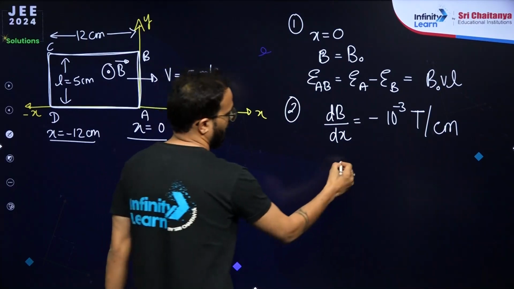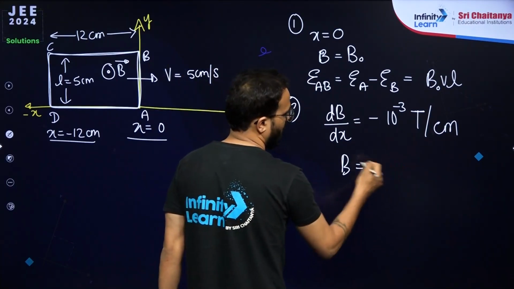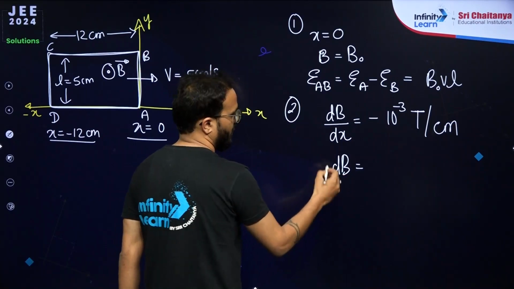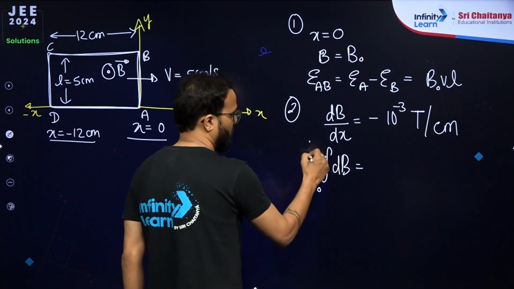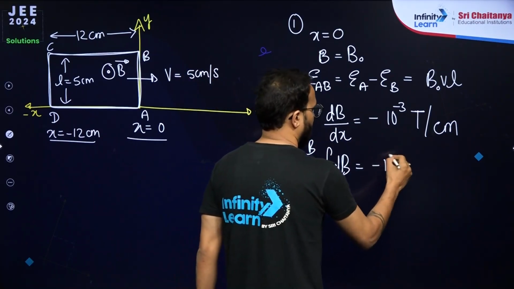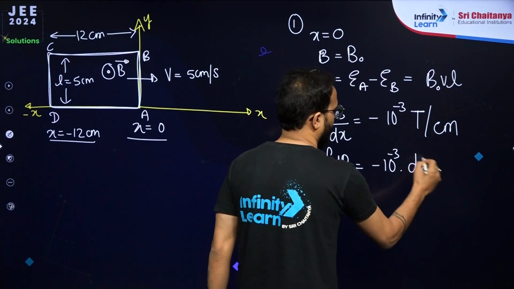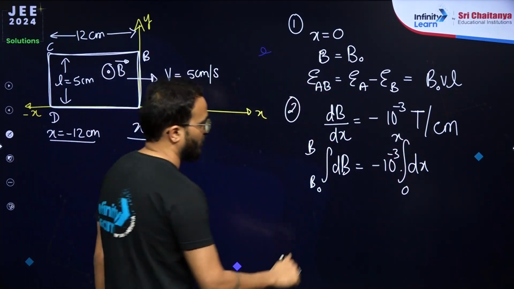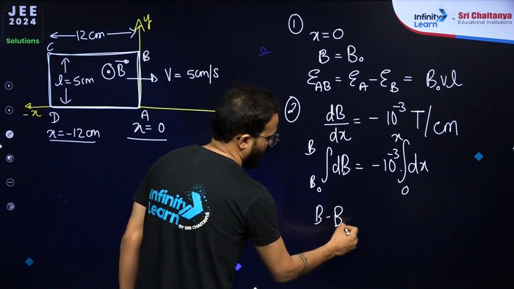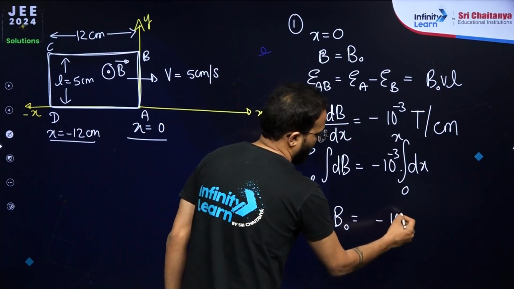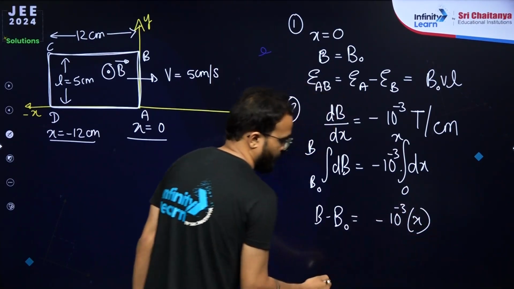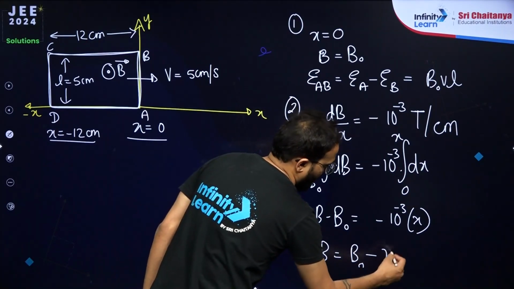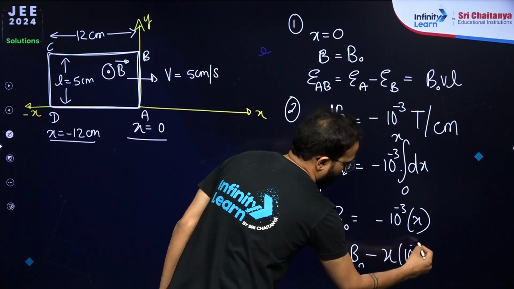So we will say, sir, B is equal to, so dB integration from B naught to B is minus 10 to the power minus 3 dx integration from 0 to x, right? So it will be like this: B minus B naught is equal to minus 10 to the power minus 3 times x. So B is equal to B naught minus x times 10 to the power minus 3.